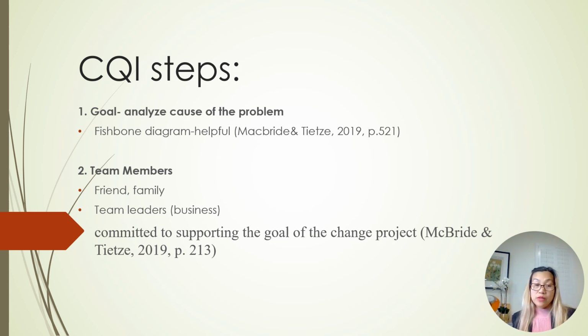Second, we need team members. We cannot do it alone. For the personal aspect, I've used my friends, family members, or neighbors. In a business aspect, mostly there are team leaders or supervisors or anyone who is committed or vested in supporting the goal of the change project.